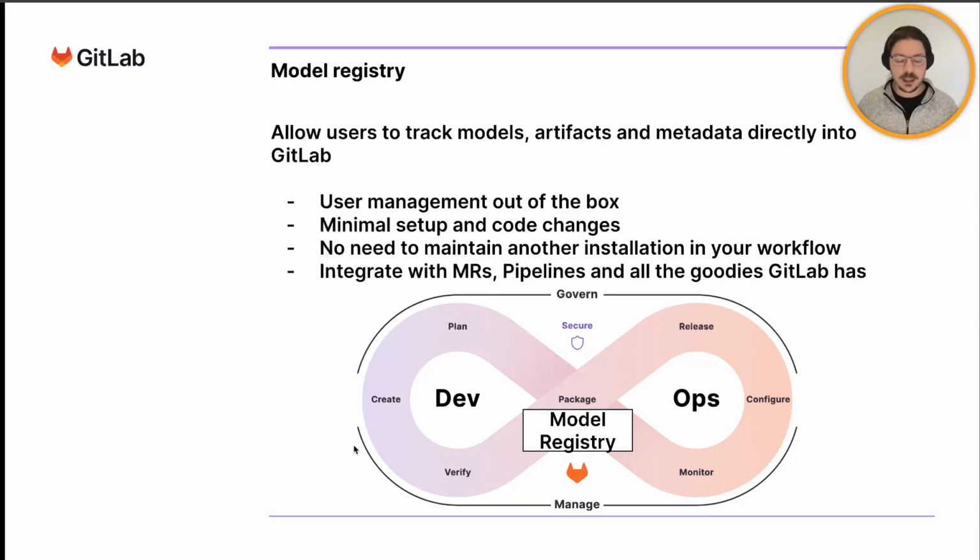Also, no need to maintain another installation in your infrastructure. But beyond that, we don't want the model registry to be just a vertical feature. We want it to be deeply integrated into GitLab itself, with merge requests, pipelines, CI/CD, issues and everything else. You want the model registry to be part of this whole ecosystem.